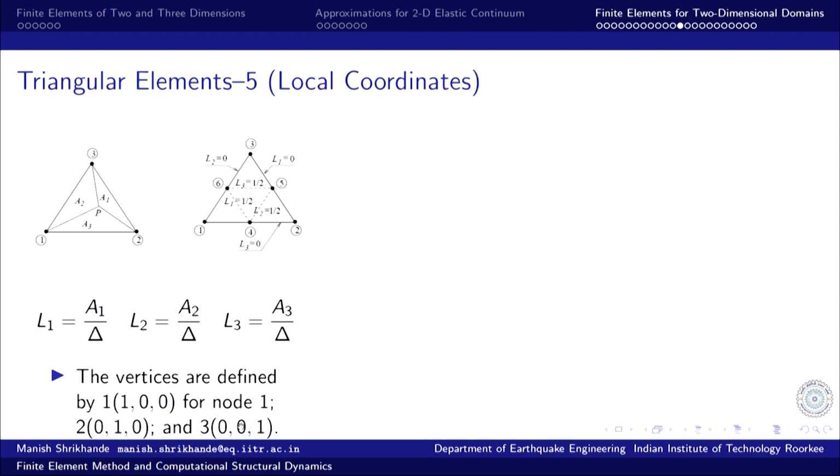So, that is the basic definition, and that is the limit. L1, L2, L3 can vary between 0 and 1. 0 is the minimum and 1 is the maximum. That is an important thing. Now, we take this concept forward: these L1, L2, L3 are what I call local coordinates.